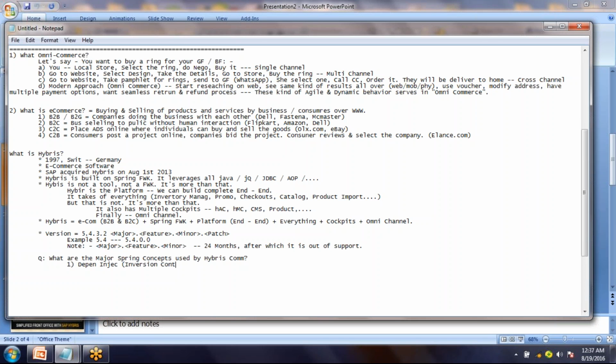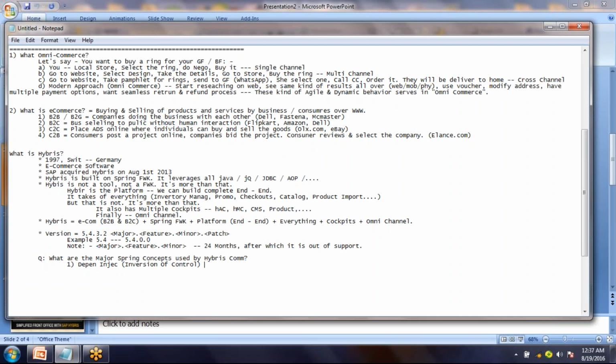We also call it inversion of control, IOC. The first concept which Hybris uses majorly is dependency injection, also called inversion of control.